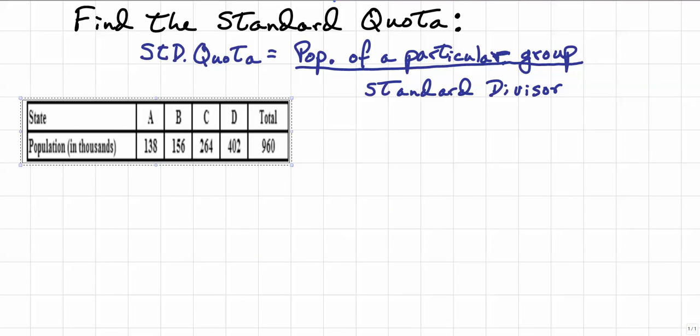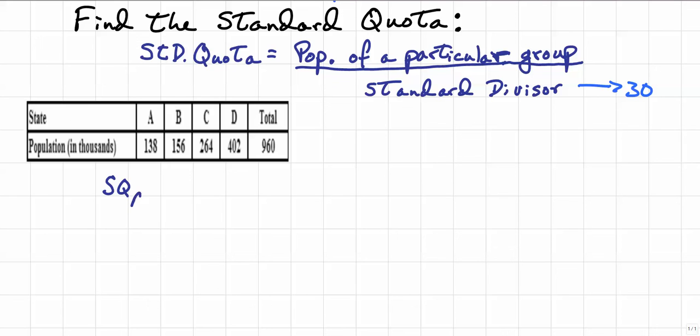Okay, so remember that the standard divisor for this particular problem is 30. So we're going to find the standard quota for A, and we're going to call that SQ, and I will use subscripts.